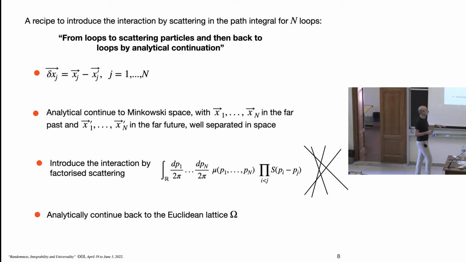Then you introduce these scattering factors between them, and then we analytically continue back to the periodic lattice of the torus. So this is not a rigorous statement, but somehow it justifies the procedure we did.